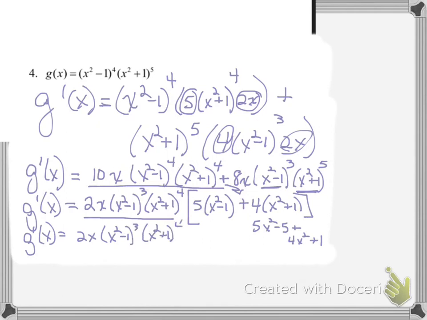Now look at what I did for the last piece. Let's combine like terms. So I have a 5x squared and a 4x squared, that's a 9x squared. I have a minus 5 and a plus 1, so that's a minus 4. And that's the best form possible. So this is your final answer right here.